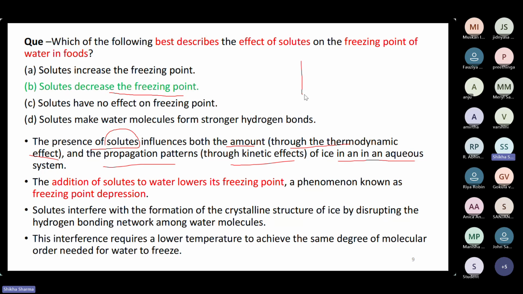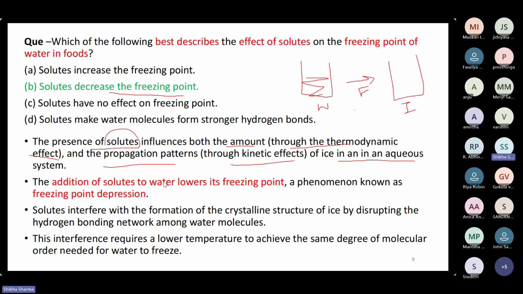Basically, we have pure water, and if we are freezing it, we are converting water into ice. If some kind of solute is present, it is going to affect both the amount and the propagation pattern of the ice.